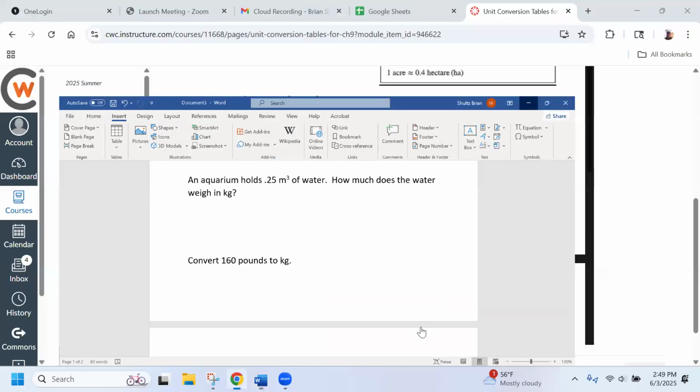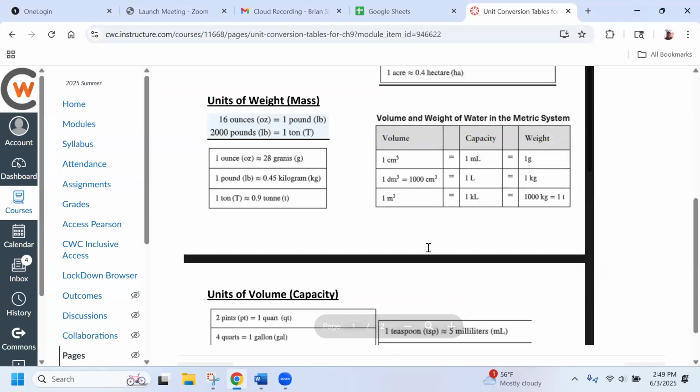Oh, so then if I move my picture to the side here, right here, I have cubic meters to kilograms. Okay, 1 cubic meter equals 1,000 kilograms.